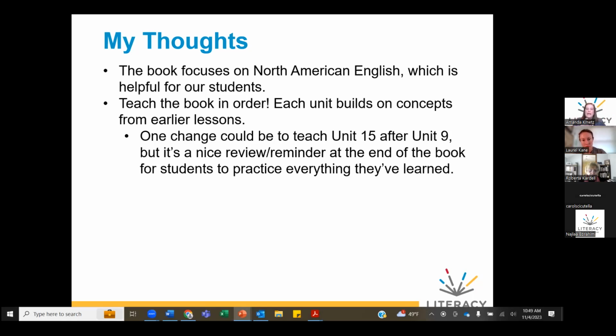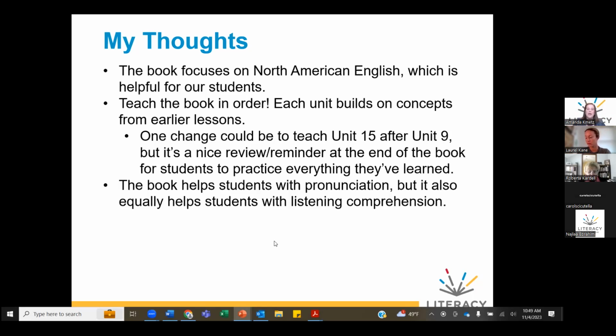So I understand why the book put it at the end, because it is a review of everything that they've learned. But if you wanted to make one change and move that up, that would be one thing that you could do. Again, the book helps with pronunciation, but it also equally helps students with listening comprehension as well.